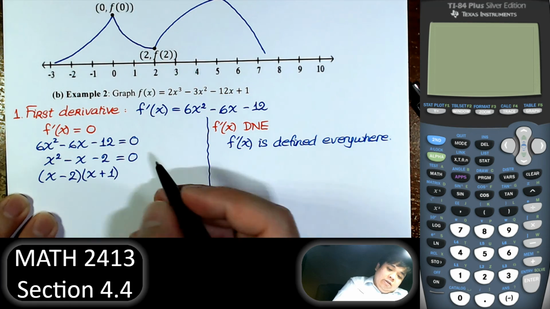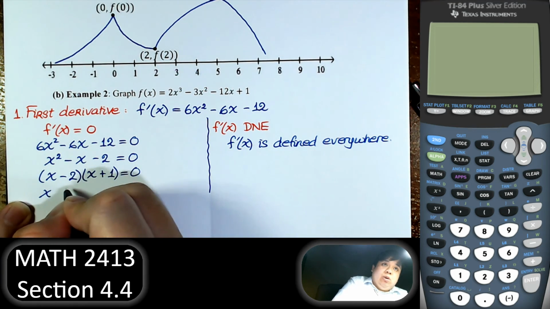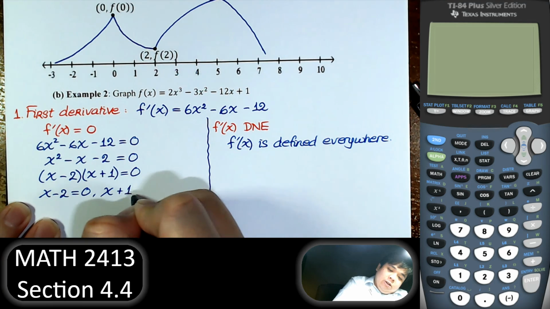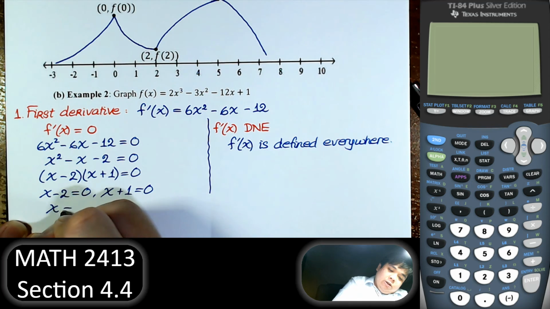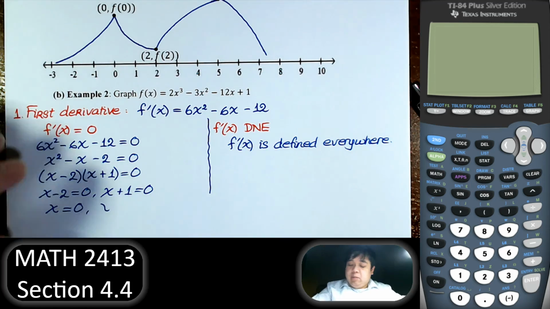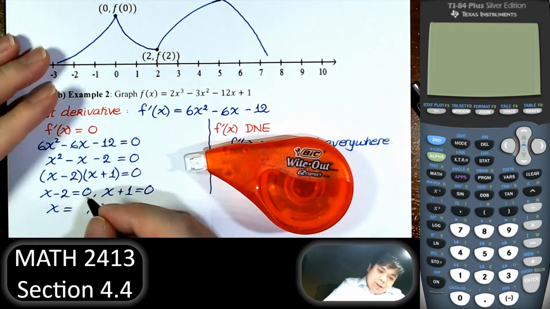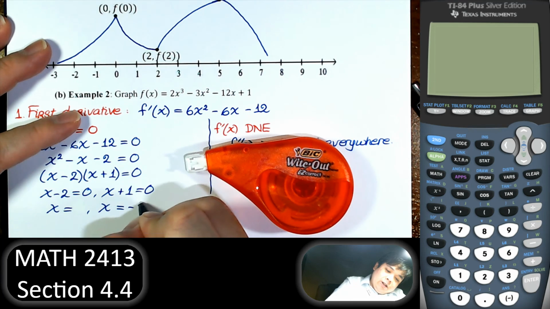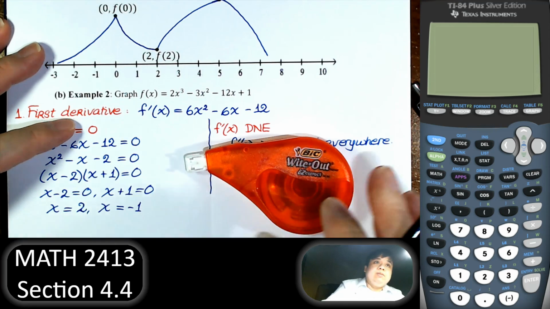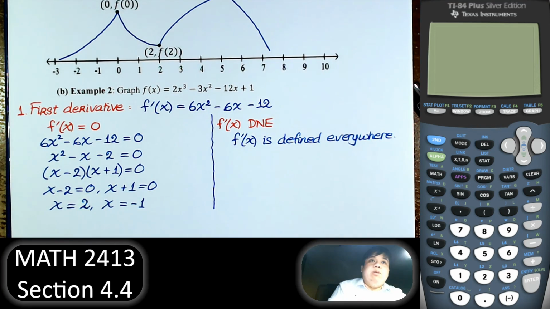Right, so this gives us x equal to 0, x minus 2 equal to 0, and x plus 1 equal to 0, so we have x equal to 0, x equal to 2, and x equal to negative 1. Right, so that's what we have for the first derivative.